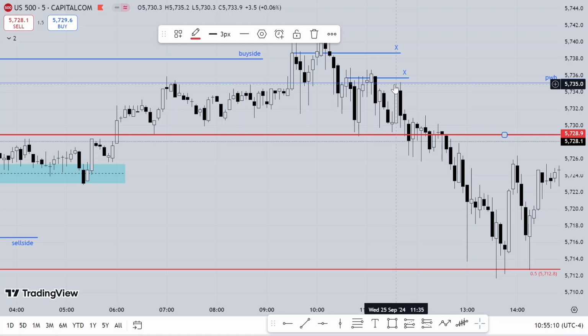So now we're doing an activity. Take your right hand and place your index finger on the 10:30 candle, so your palm is blocking the right side of the screen where you're watching this.